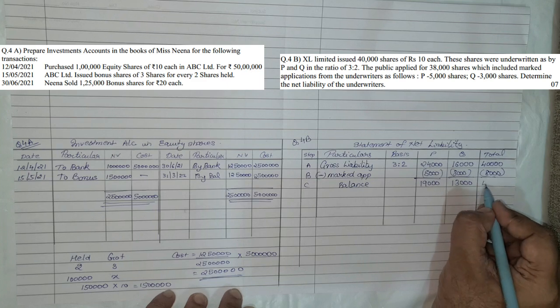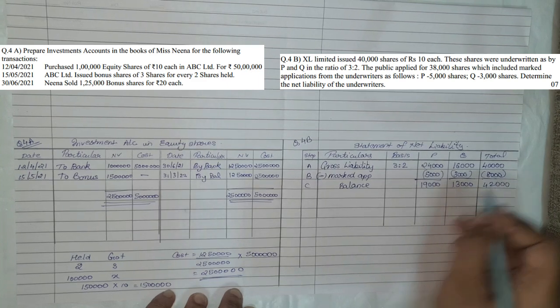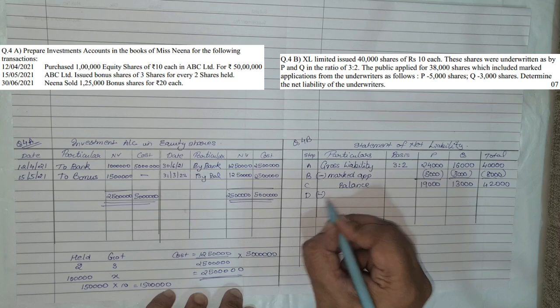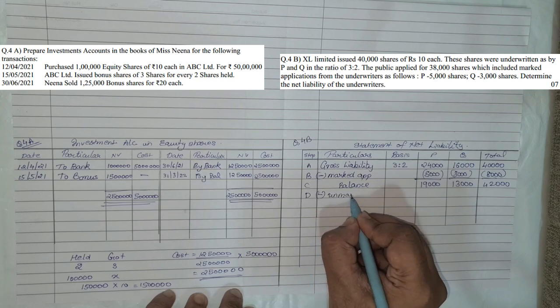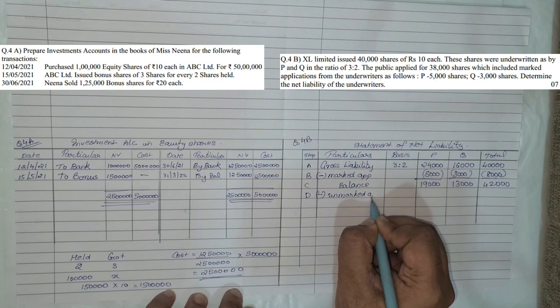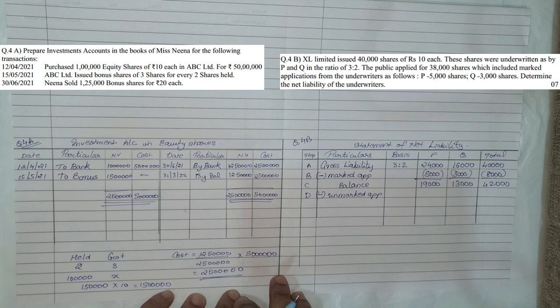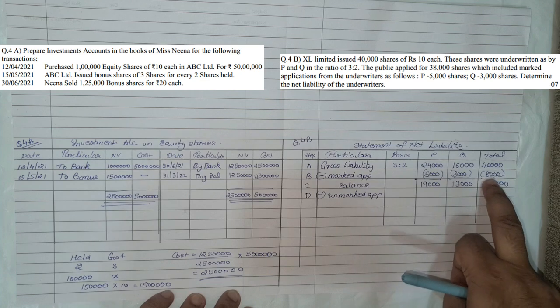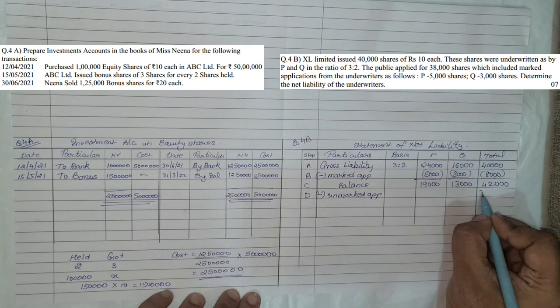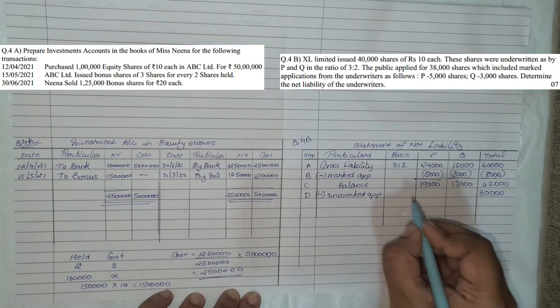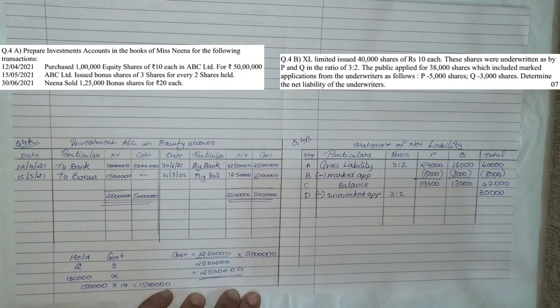So that becomes 32,000. From that, D will be less unmarked application. Now remember, in the question they provided that 38,000 shares were applied for, but from that 8,000 was marked. So unmarked is 30,000. In the ratio 3:2, we'll have to divide it.